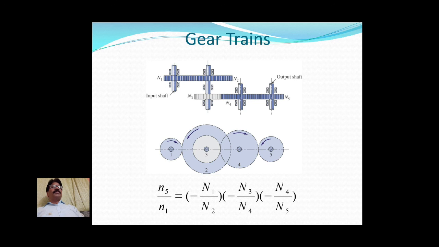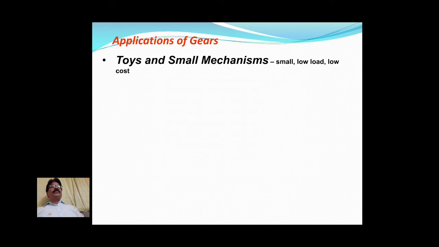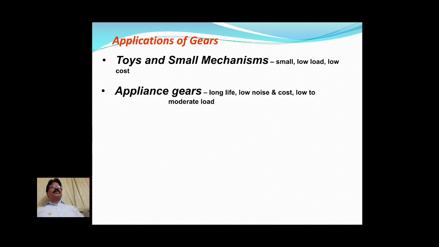So this type of example can be asked in your examinations. So this is a gear train having n number of gears. Now you see some applications of gears. Applications are toys and small mechanisms. You can see toy cars and all these things have gears.